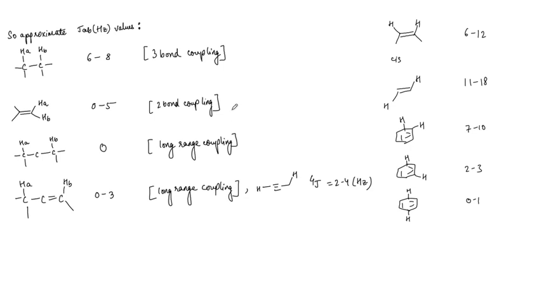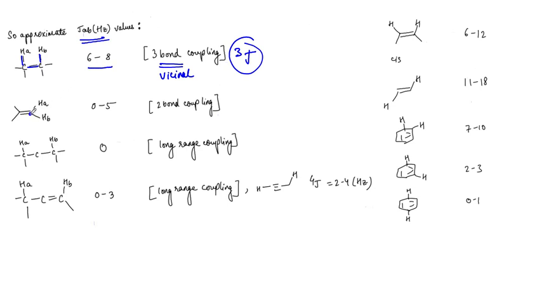So guys, here I have made a chart of some of the possible coupling constant values that you might see a lot of the time. This is our 3-bond coupling, also called vicinal coupling, which you can denote as 3J. The J value for adjacent saturated carbons is going to be from 6 to 8 hertz.